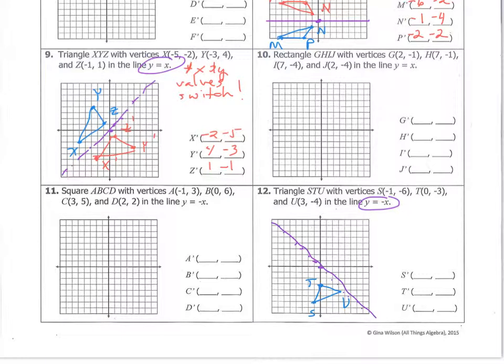So then we're going to find our image points first. So here's what happens when we have y equals negative x. The x and y still switch, but they both change signs because of the negative x.